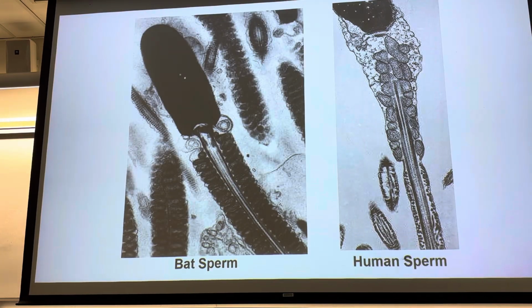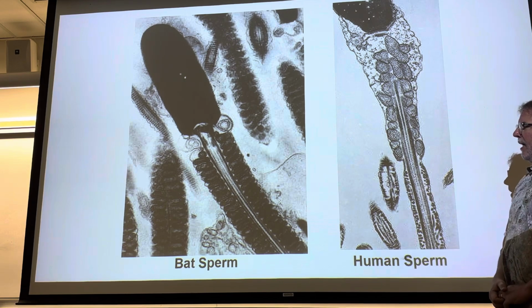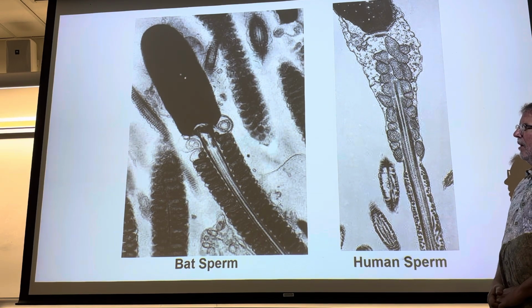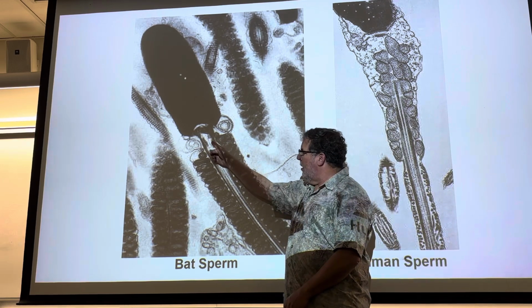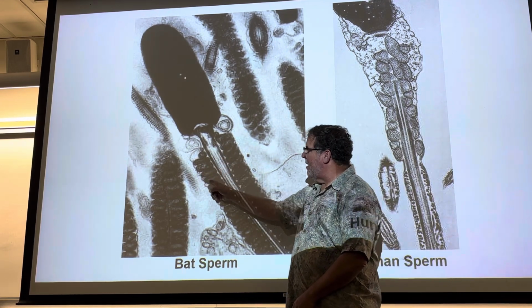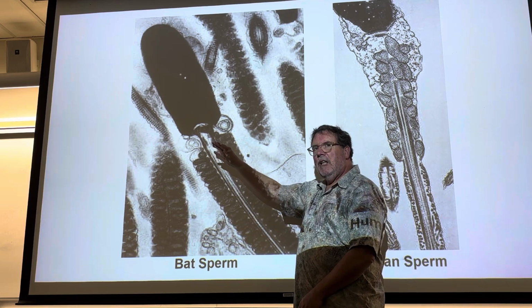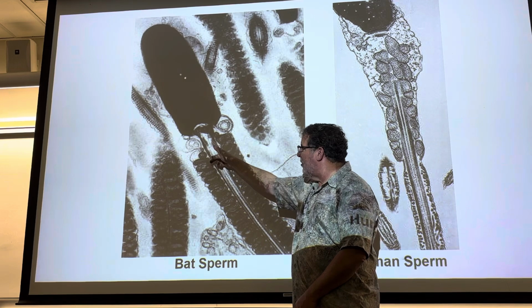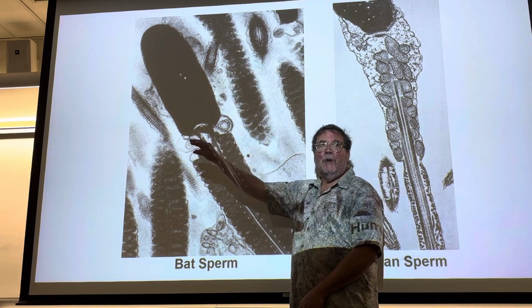Here's another example. There's a lot of selection for motor activity, and that's in sperm flagella. So here's the flagella of a sperm. This is from bat, and that flagella is going to rotate right around. So there's basically a little molecular motor that consumes ATP to drive sperm motility, right?